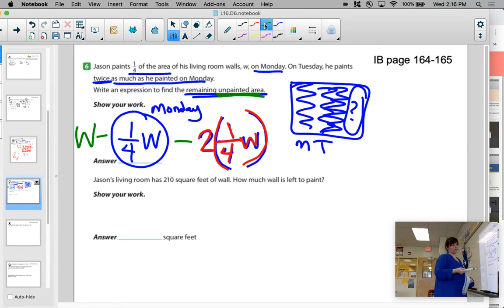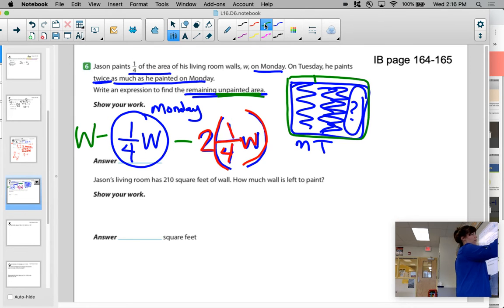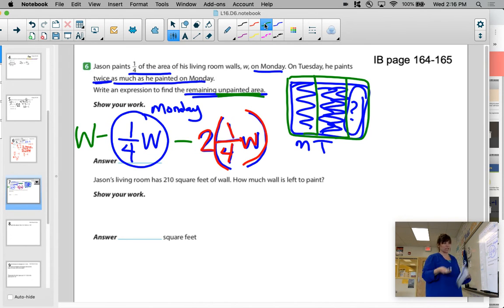So if you think about it, if the whole thing is W, you're going to take some of it on Monday, a little bit more of it on Tuesday, and then whatever is remaining after you subtract out those spaces is what we have to paint still. So really complicated, starting with W, subtracting out 1/4 W, then subtracting out twice 1/4 W, or 2 times 1/4 W will give you the remaining unpainted area.